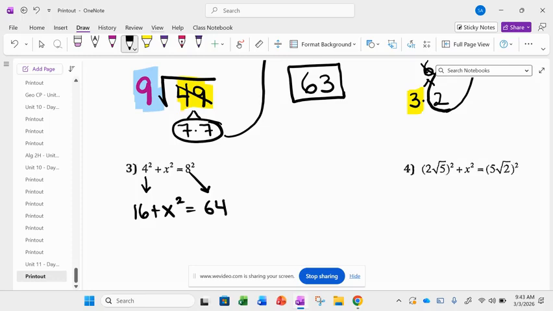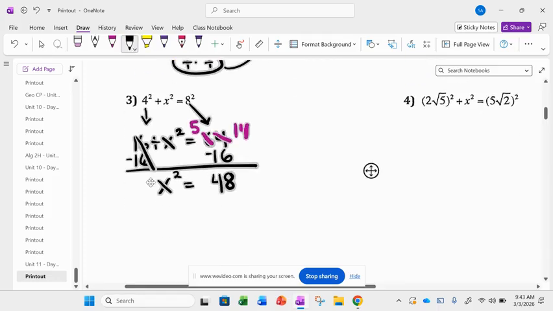Now, before I square root, I have to get the x squared by itself. So I'm going to subtract 16 on both sides. So we're going to have x squared is equal to, well, I can't take 6 away from 4, so I'm going to borrow. This becomes 14. This becomes 5. And I have 14 minus 6 is 8. 5 minus 1 is 4.